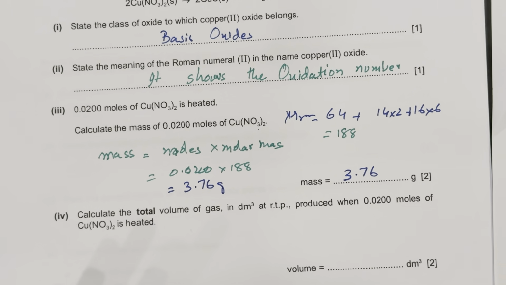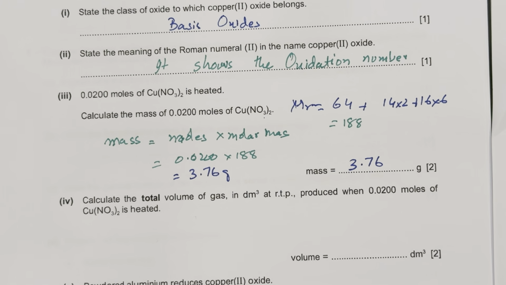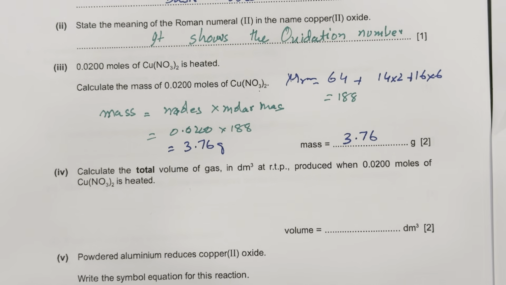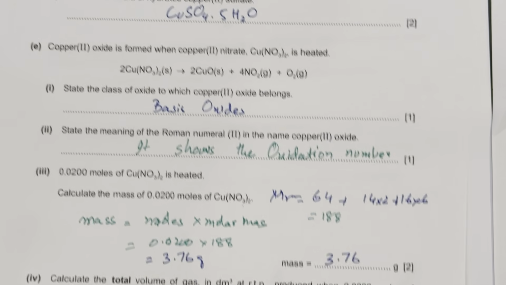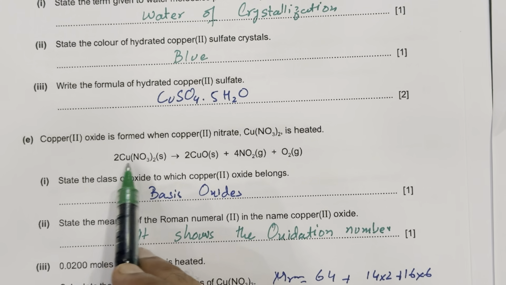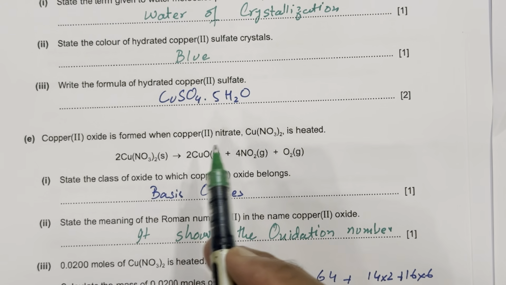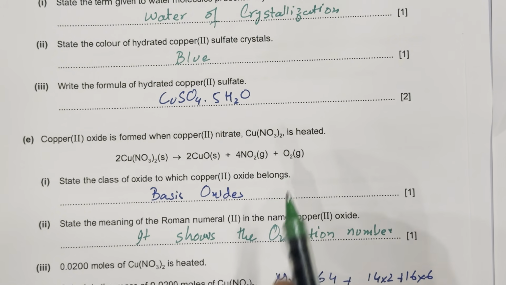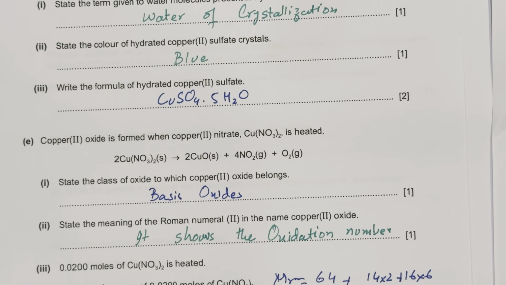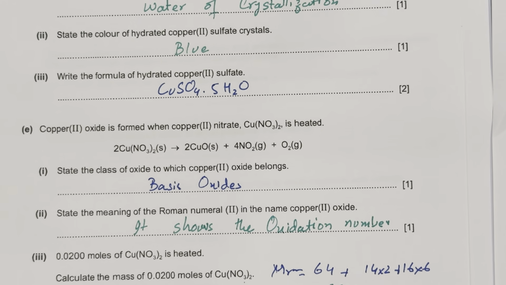Next part is calculate the total volume of gas in dm cube at RTP produced when 0.0200 moles of copper nitrate is heated. So we need to calculate the volume. From the above equation we know that there are 2 moles of copper nitrate, and we also know that there are 5 moles of gas, 4 of nitrogen dioxide and 1 of oxygen. So the ratio between solid and the gas is 2:5.